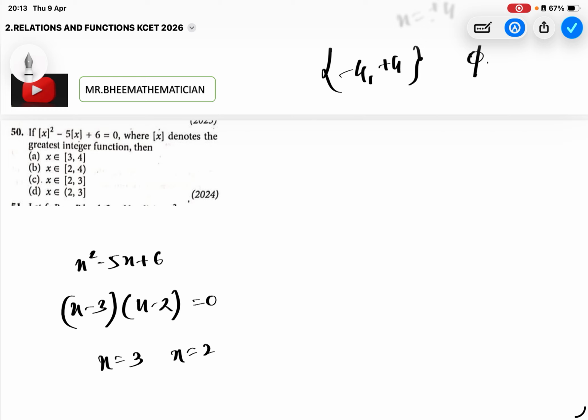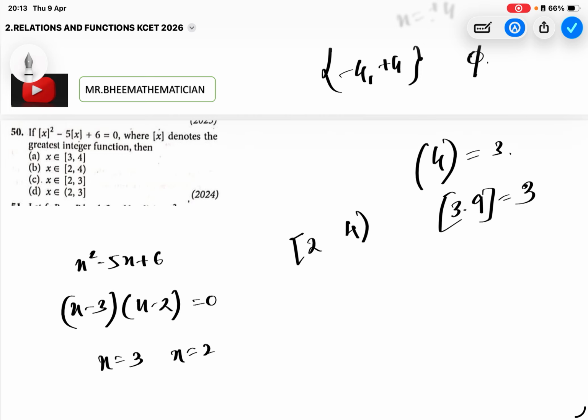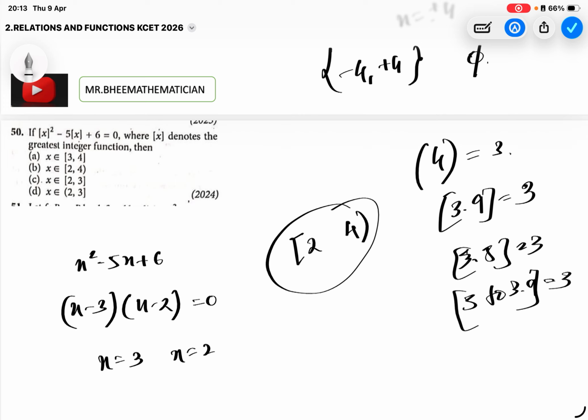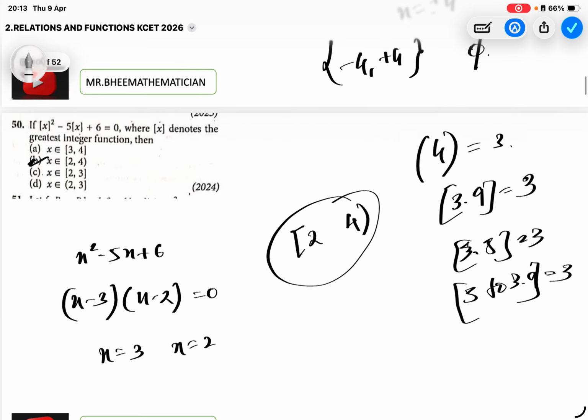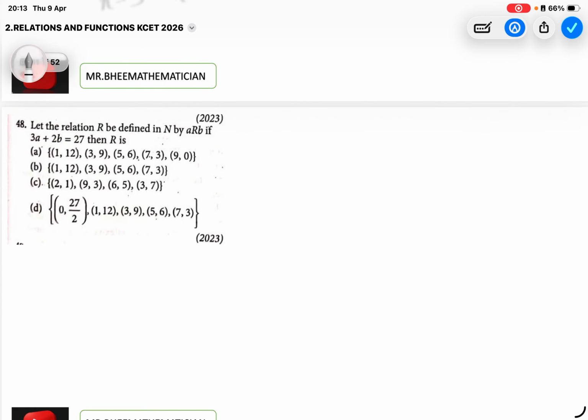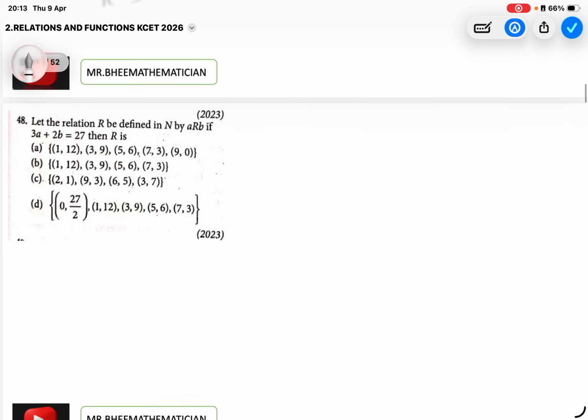When x is 2 you get the answer 2, and when x is 3 you get the answer 3 in the open interval 2 to 4. The greatest integer of the open interval up to 4 is nothing but 3 only. 3.9 is again a 3, 3.8 is again a 3. Up to 3.9 you can substitute, you will get 3 because of that open interval. Option B.